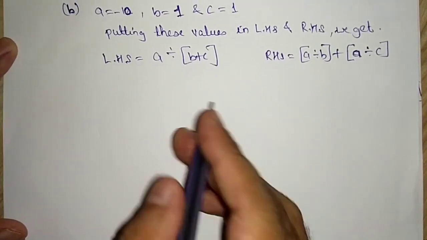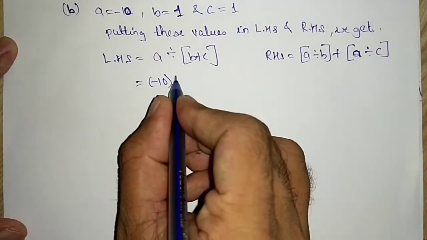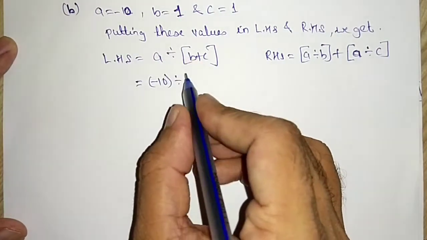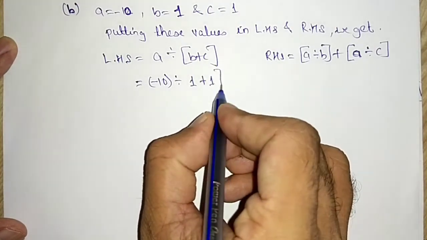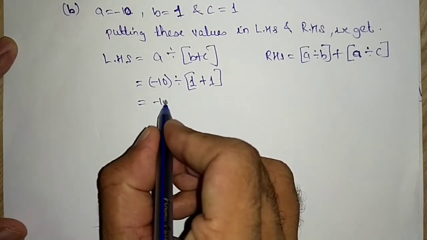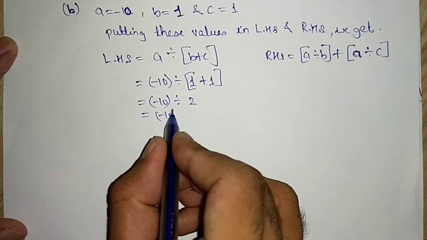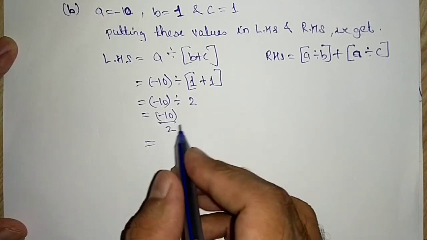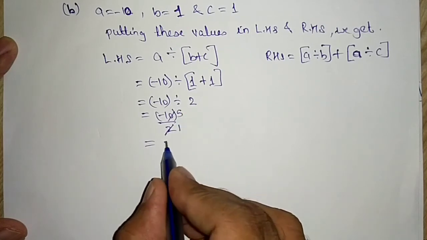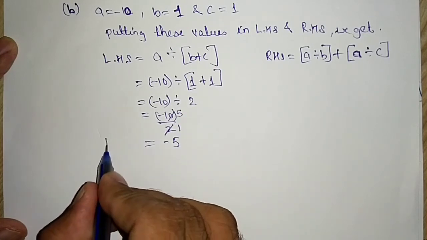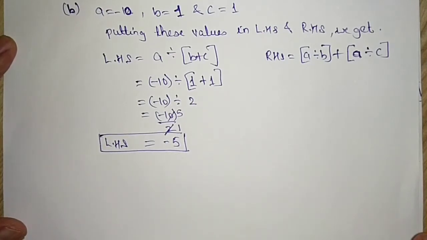So let us put each value here. a is -10 divided by (b is 1 plus c is 1). So here we get -10 divided by 2, and when we cancel out, 2 ones are 2 and 2 fives are 10, we get our answer as -5. LHS is equal to -5.